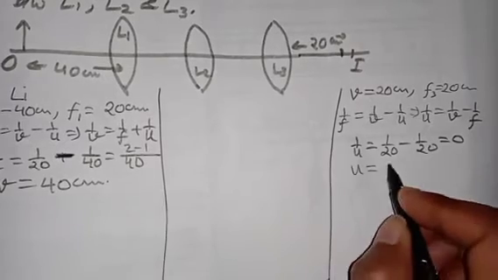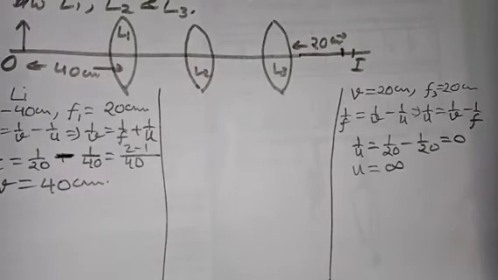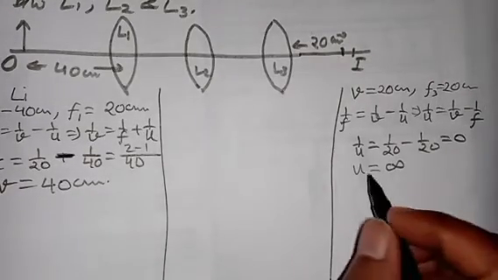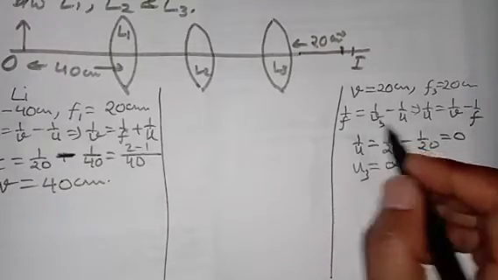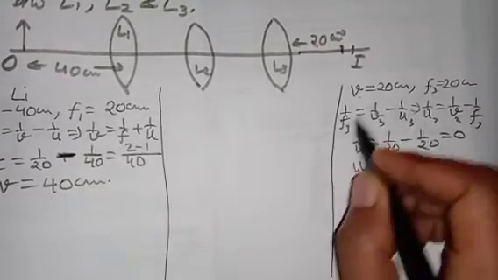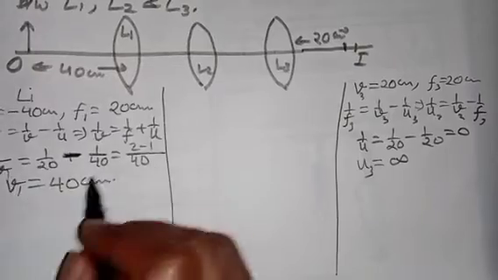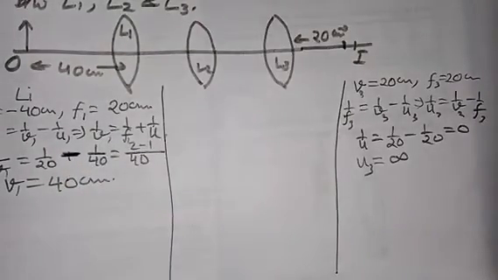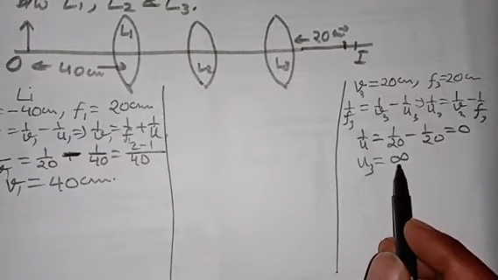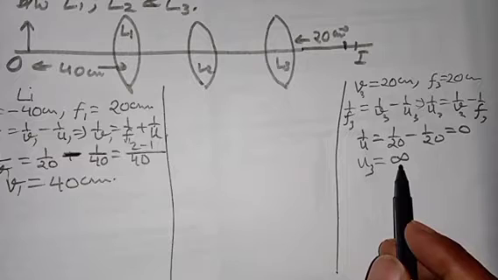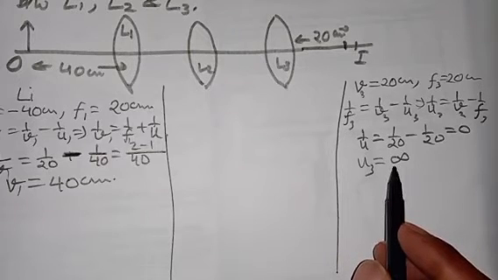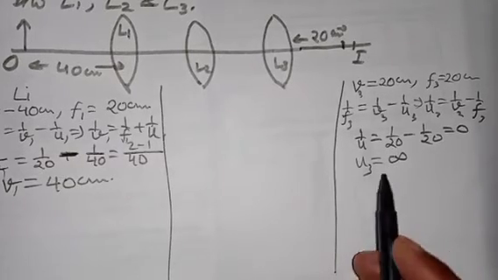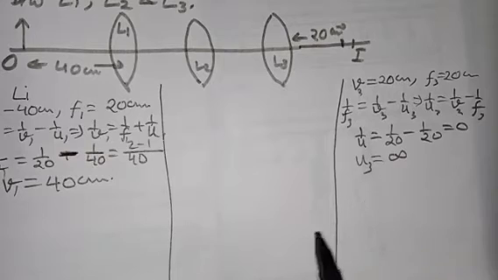It means U is at infinity. That's surprising. By the way, it is U3, everything is 3, and here everything is 1. Alright, so that's pretty amazing that U3 is equal to infinite. This is possible.